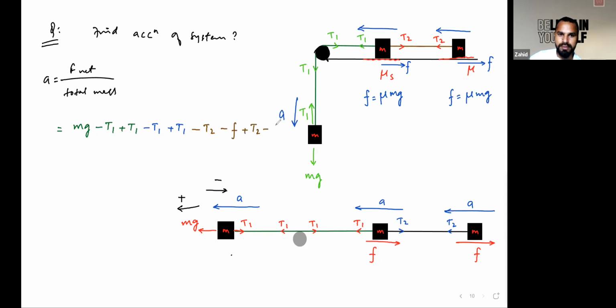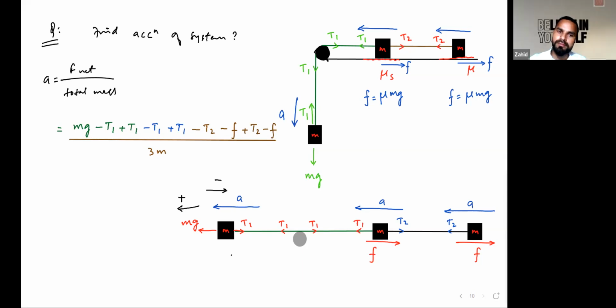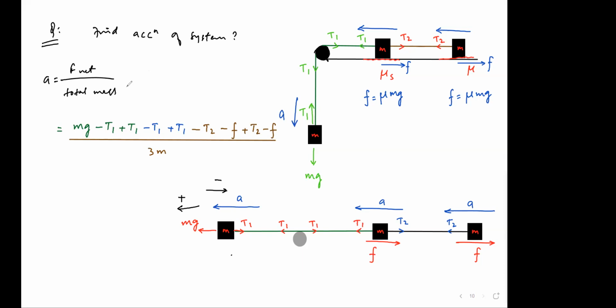T2 and again friction force. Whole divided by the total mass of the system. So we have 3 blocks in this whole, so it will be 3 times m. Is it clear? Yes, sir. How I have taken this whole? Hiba, is it clear? Yes, sir.